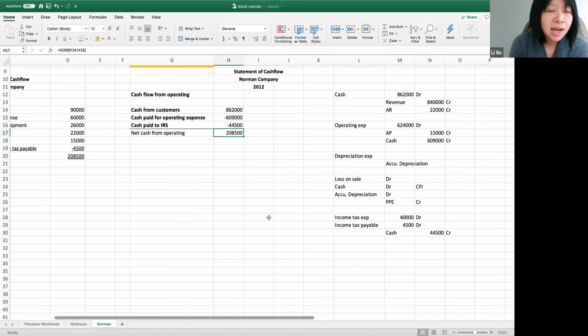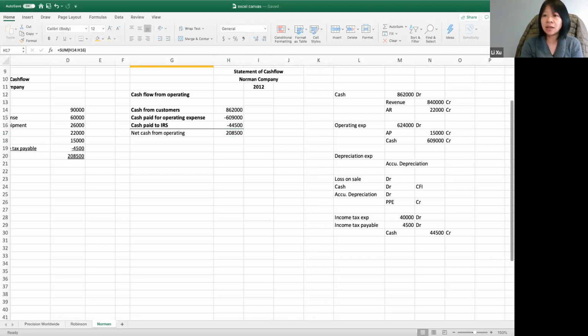So we have a little bit of time left. I would like to do one more question, super simple. It's just basically the one question we did in class about the tax consultant. For that, the tax consultant, see here, we had a very simple statement of cash flow.